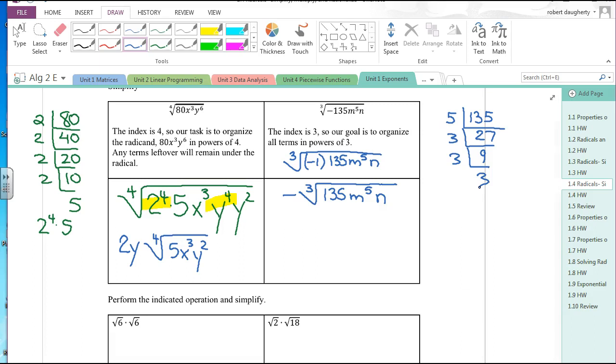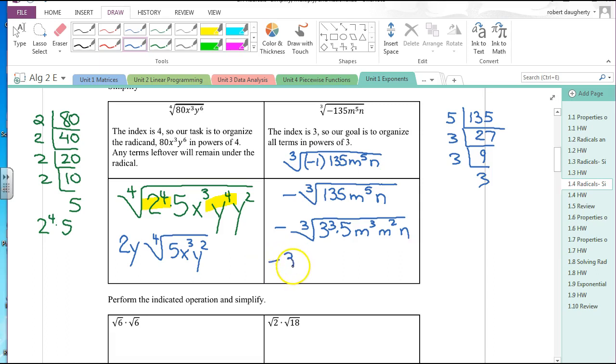So this is minus the cube root of 3 cubed times 5. How do I write m to the 5th? Yeah, it's m cubed, m squared, n. So what's the cube root of 3 cubed? That's 3.